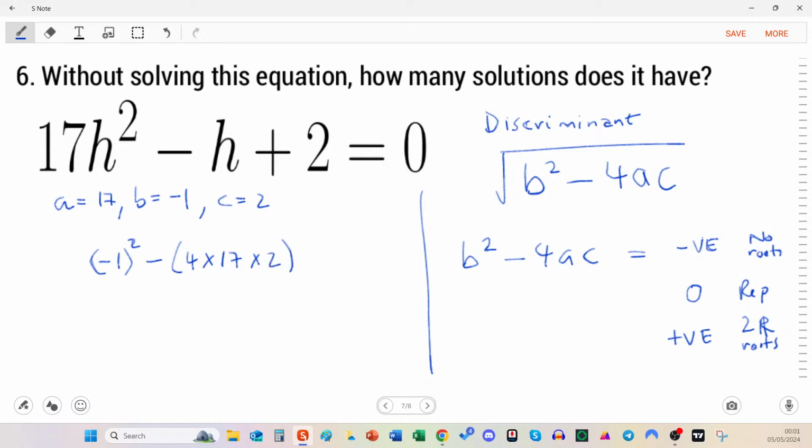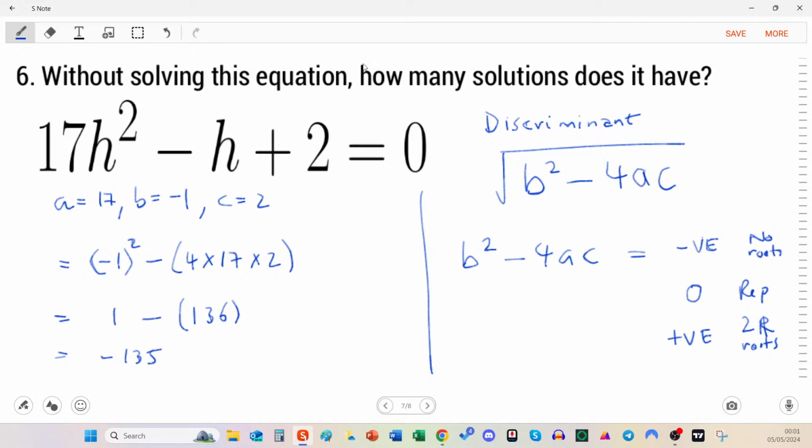What is this? It's 1 take away a very big number, it's bigger than 1. And I don't need to go much further to realize that it's going to be negative. And it's pretty badly negative.